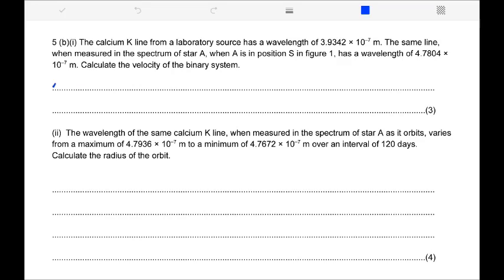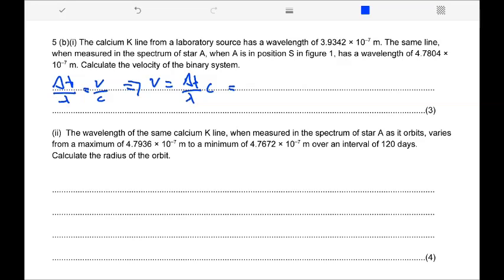Well, let's start off with the equation. So delta lambda over lambda equals V over C. Well, we can rearrange this. So V equals delta lambda over lambda multiplied by C. Well, what is delta lambda? Well, delta lambda is this wavelength measured in the star minus this wavelength measured in the lab.